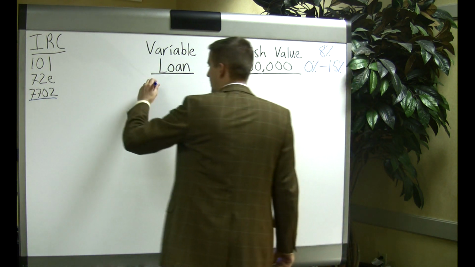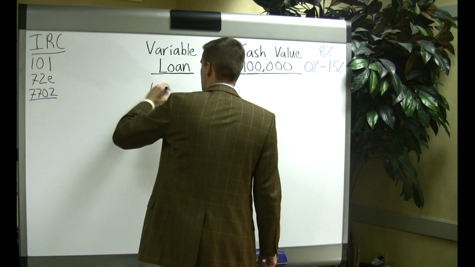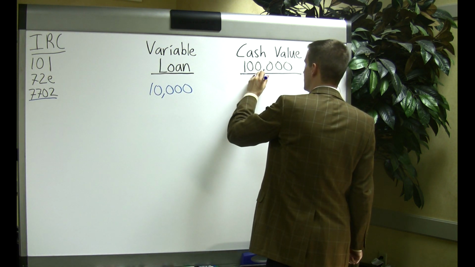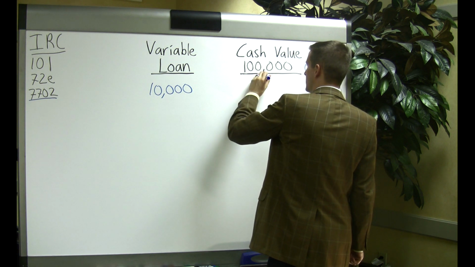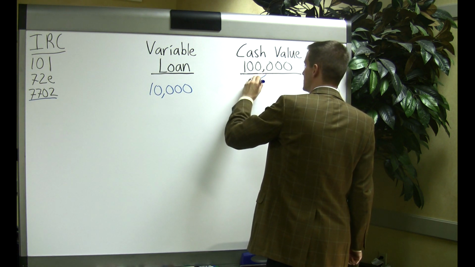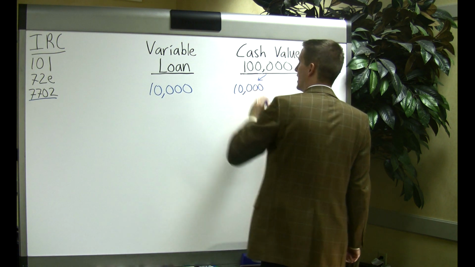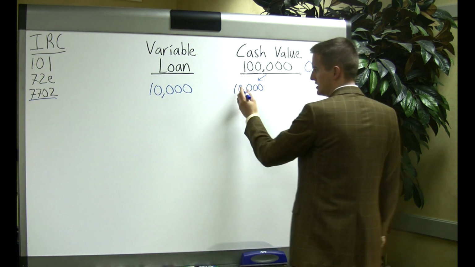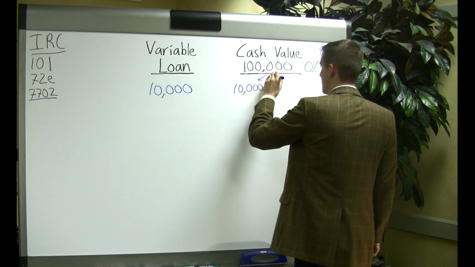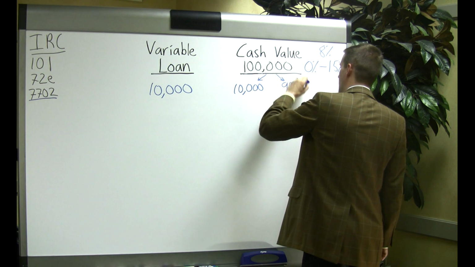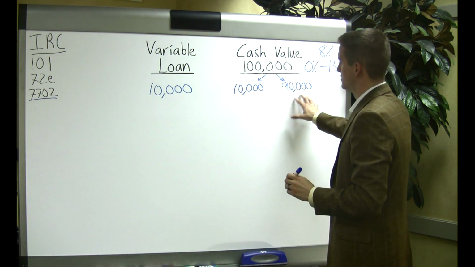We go to take out a $10,000 loan. And what happens to your cash value is, your $100,000, there is a lien against this. You've got $10,000 that is earmarked to pay off that loan, and you've got $90,000 net.